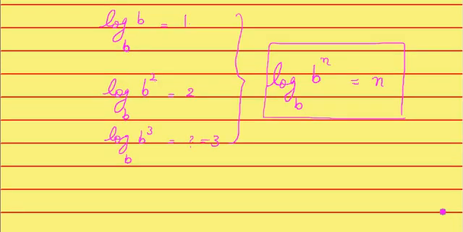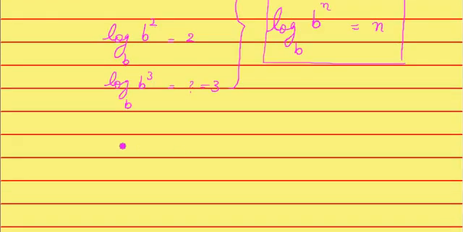Now to the other side of the coin, suppose I ask you what is 2 raised to the power of logarithm of 8 in base 2. Well, you can have two ways of doing this. One is just doing it by brute force and going through the motions.